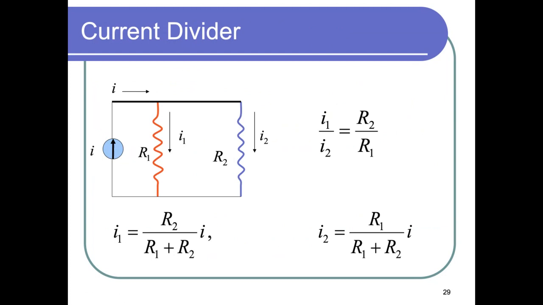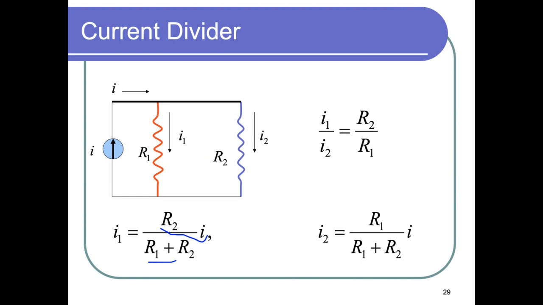Now, we have also the current divider. So basically, using KCL, we know that I is equal to I1 plus I2. So I1 is simply R2 I over R1 plus R2.